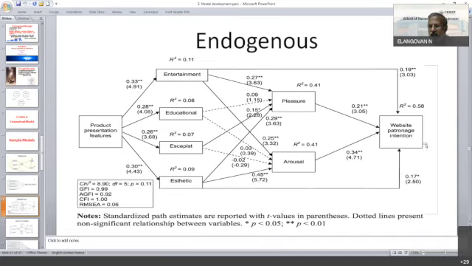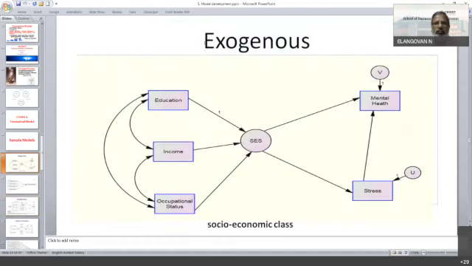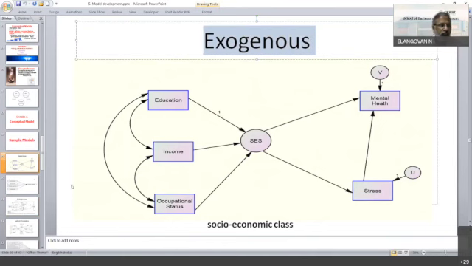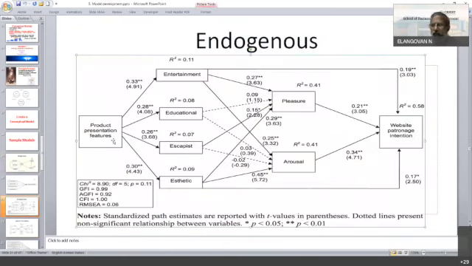You cannot do, because the same variable is independent as well as dependent. Therefore, we have a different name for that. We call it as endogenous variable and exogenous variable. So what is this? This is exogenous variable. Product presentation feature is exogenous variable, and all the other variables are called as endogenous variable.